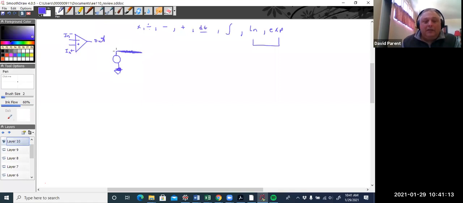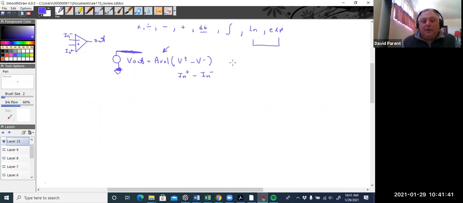I'm going to get rid of that resistor right now. V out equals something called the open loop gain times the difference. Sometimes I write it like that, and sometimes I write it like that. And this is just a very large number.